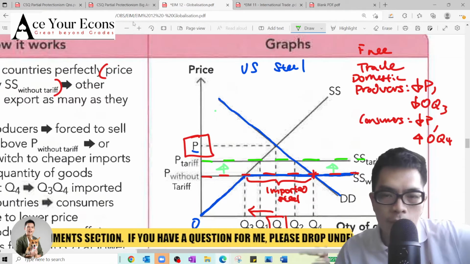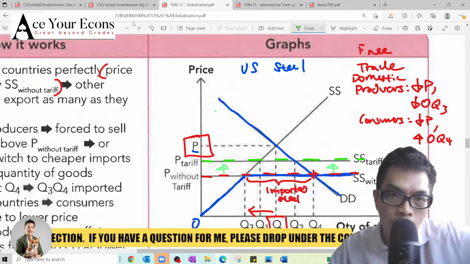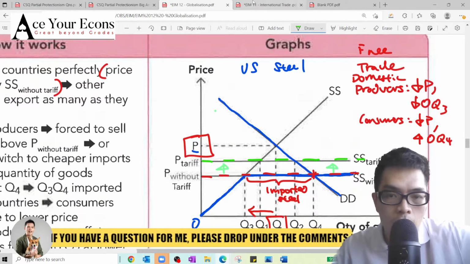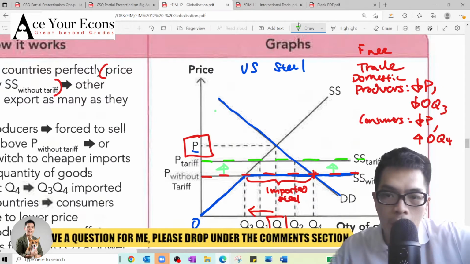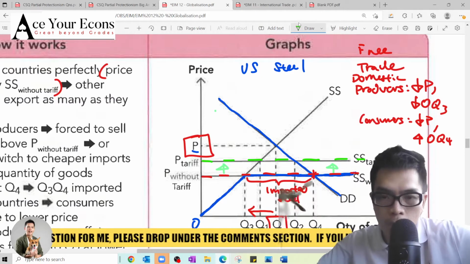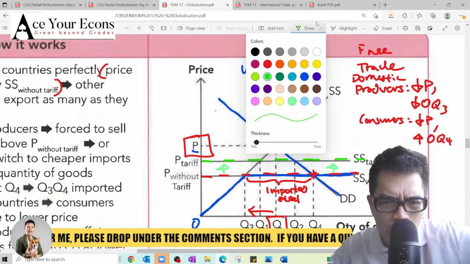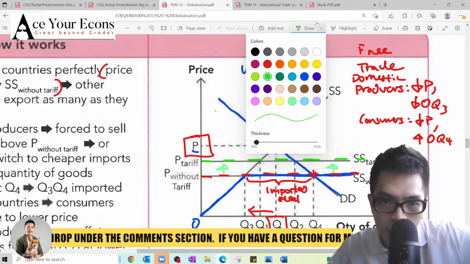So how does it work? It's important to identify the new supply curve. With your supply curve raised upwards because of the import tariff, I'm still thinking what color pen I should use. Maybe I will use pink.